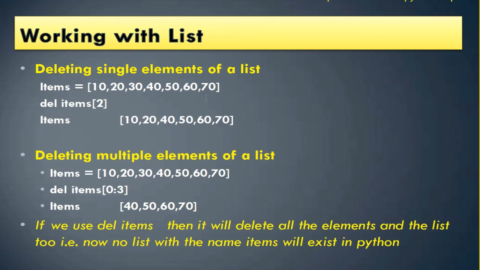Here the del statement is used: del items[2], the second index you want to delete. So 0 1 2, the 30 is to be deleted. When you print the items, the item at the second index, that is your 30, will be deleted.